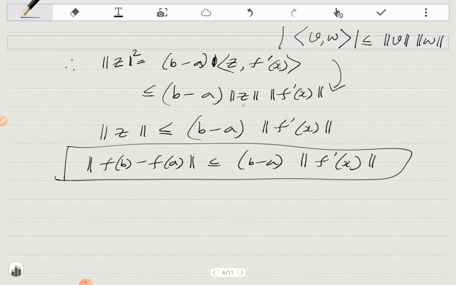The same z occurs in both places, and we can assume z is not 0. If z is 0, there's nothing to prove. So I cancel off one z here, and I end up with norm z less than or equal to (b minus a) times norm of f prime(x), and therefore norm of f(b) minus f(a) is less than or equal to that. This is exactly what we want, since z is f(b) minus f(a).